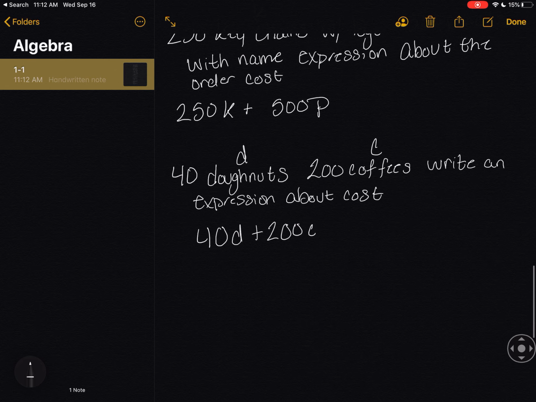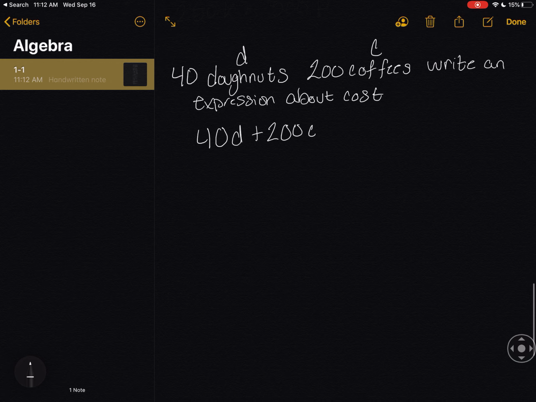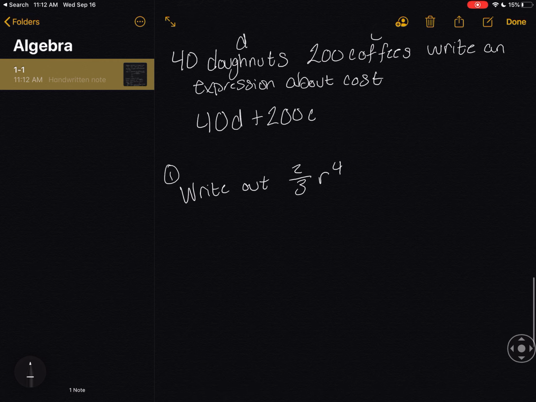All right, so just like last time, I'm going to give you 3 problems to work through. First one, write out 2/3 r to the 4th. That's the first one. Your second one, you're going to write the expression for, let's not do that one.